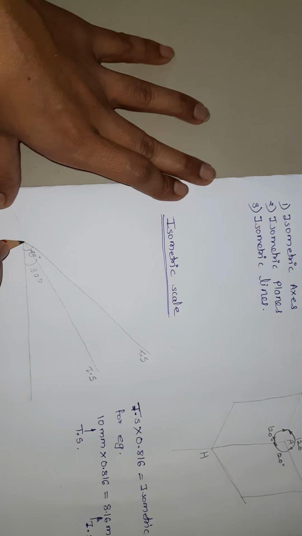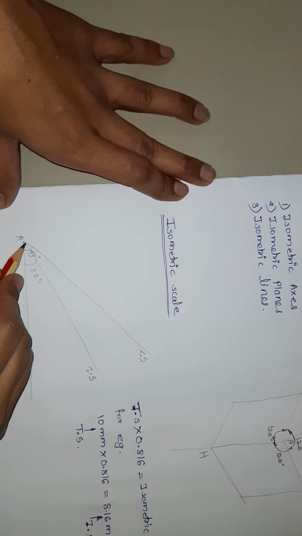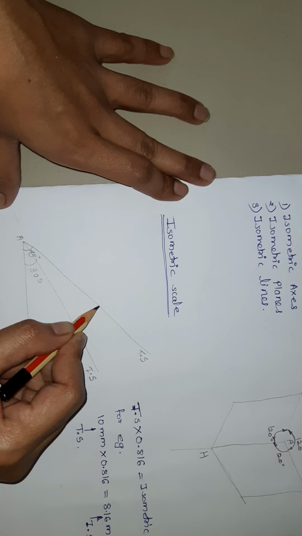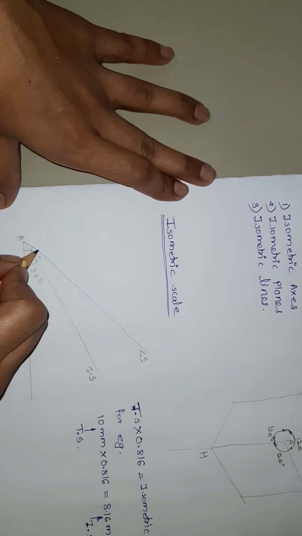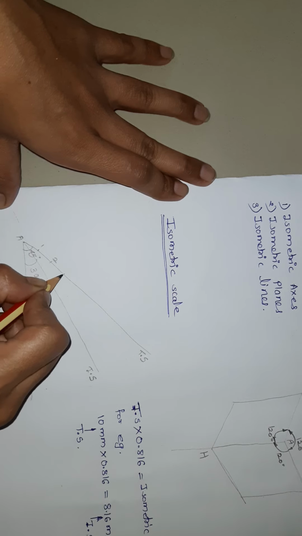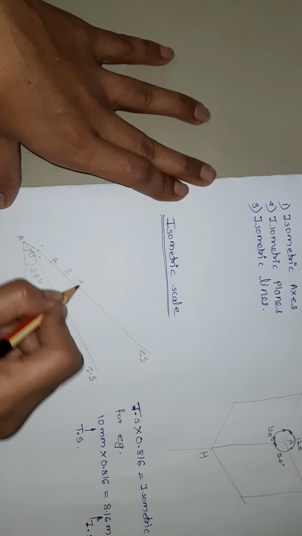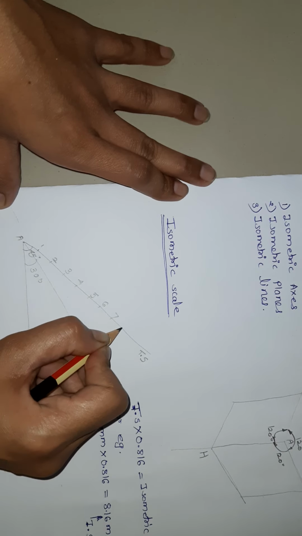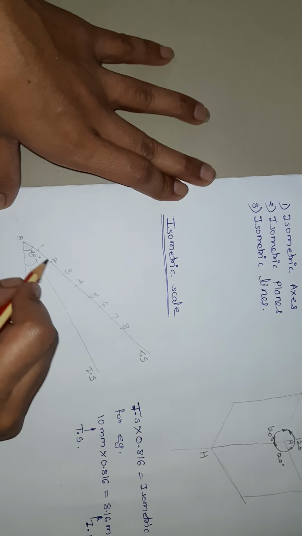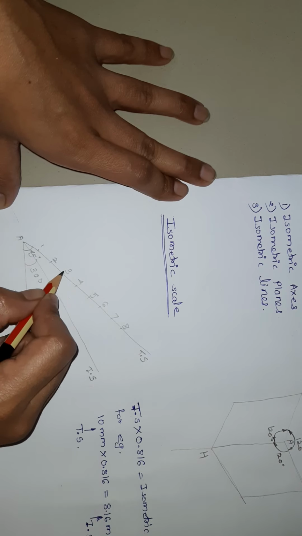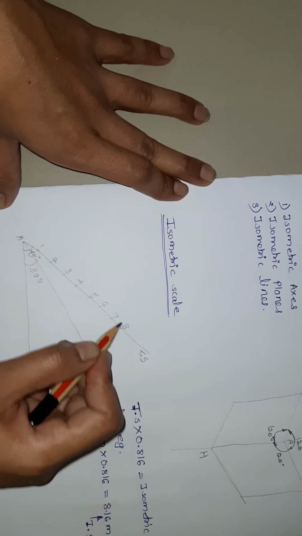Okay, if this is A, from this point A, on this line which is inclined at 45 degrees, if I mark the distances like 1 centimeter, then 2, 3, 4, 5, 6, 7, 8, and so on, this is the true dimension: 1 centimeter, 2 centimeter, 3 centimeter, 4 centimeter, and so on.